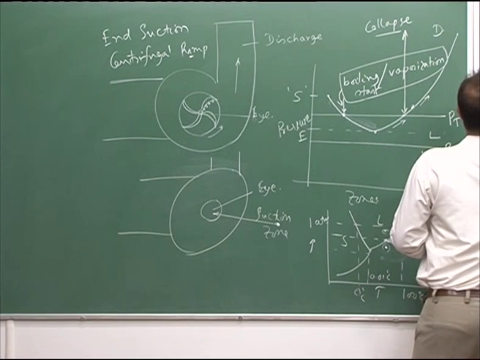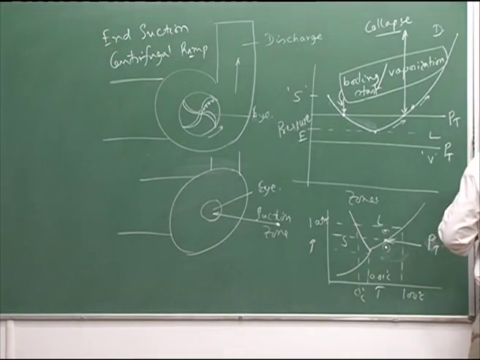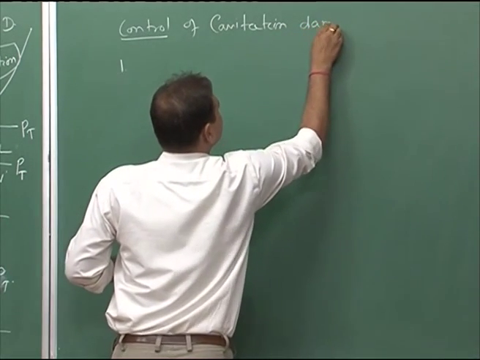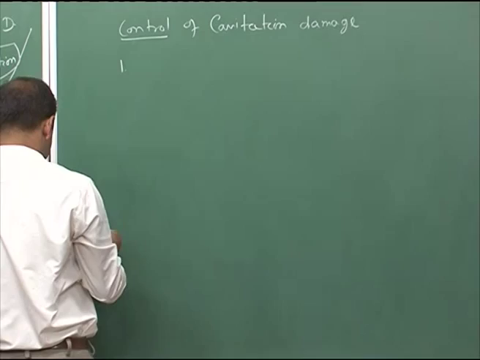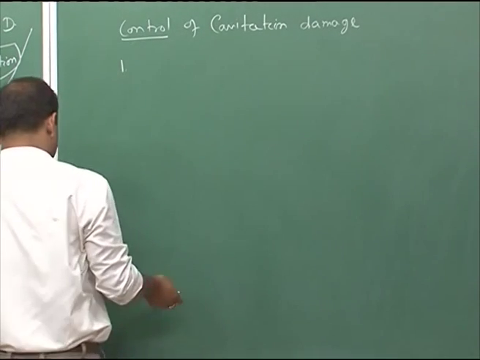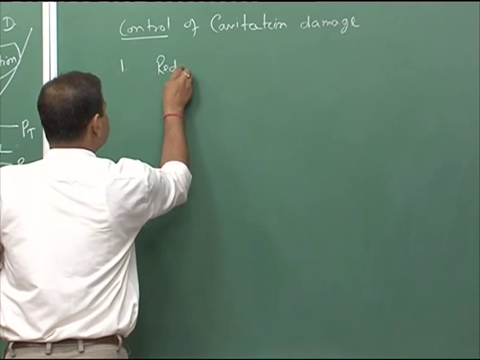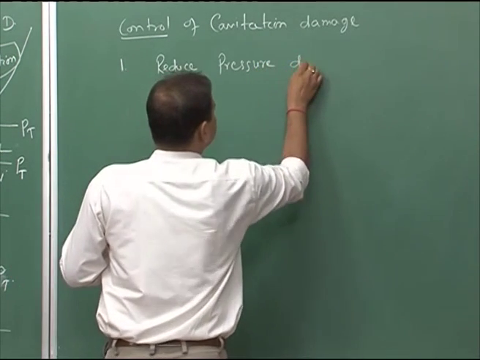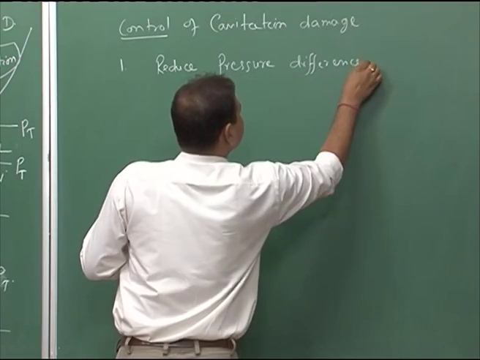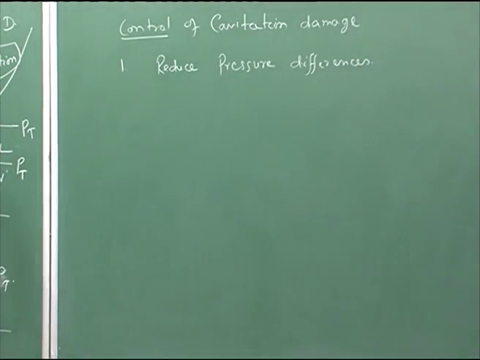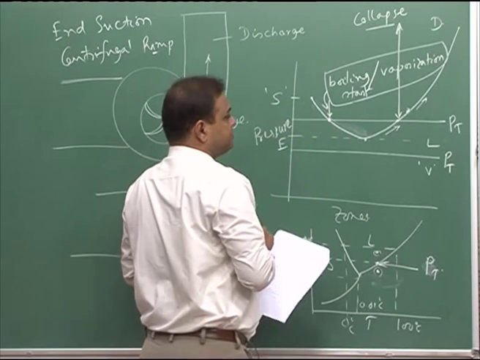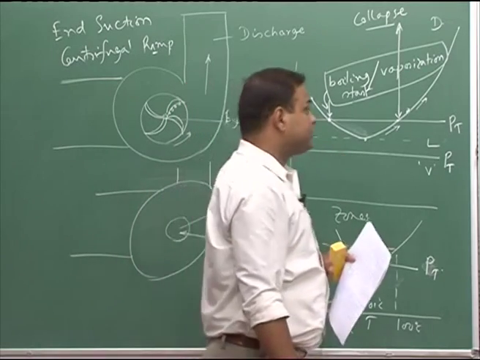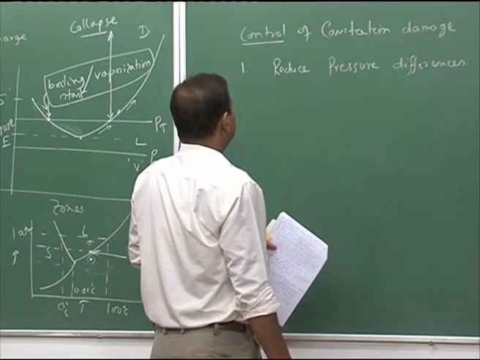This is control of cavitation: somehow we need to reduce pressure differences, and also we need to make sure that the pressure experienced by the water in the system in operation should be above the pressure level needed for evaporation. So, at that time the boiling phenomenon would not be observed.